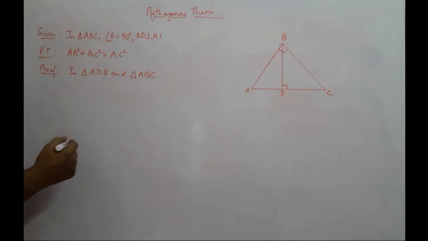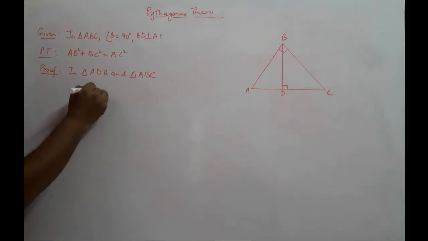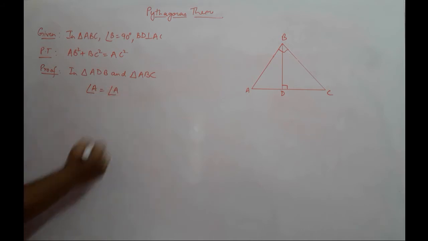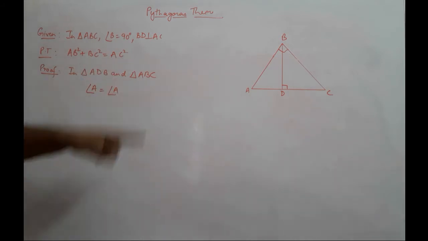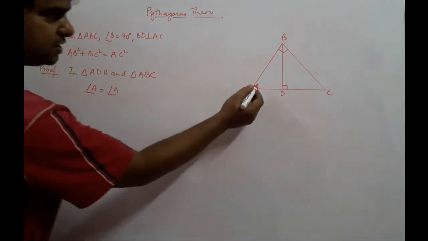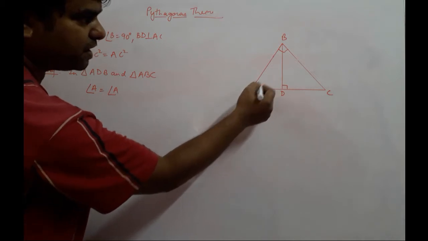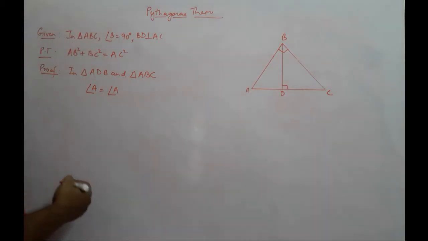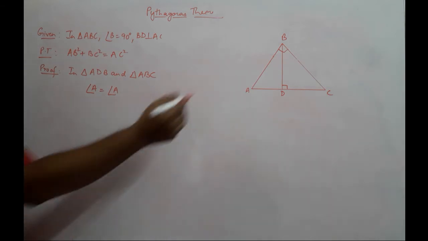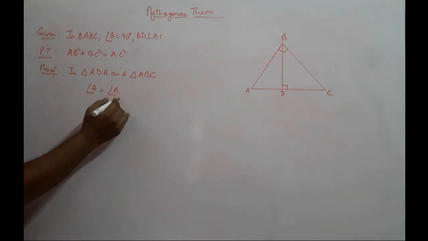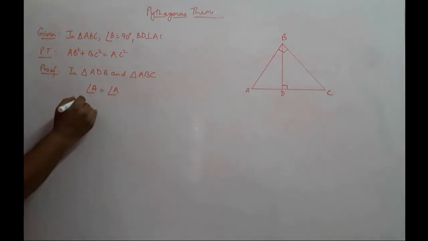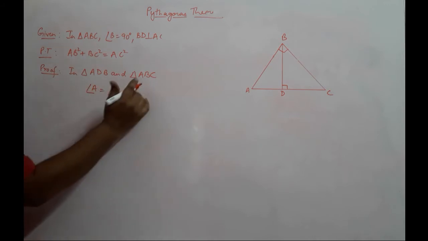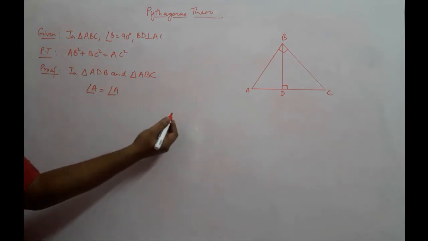Okay, so that way we can say that angle A is equal to angle A. What it actually means is, you can take this as just angle A because there is no bisector or another angle that comes out from there.